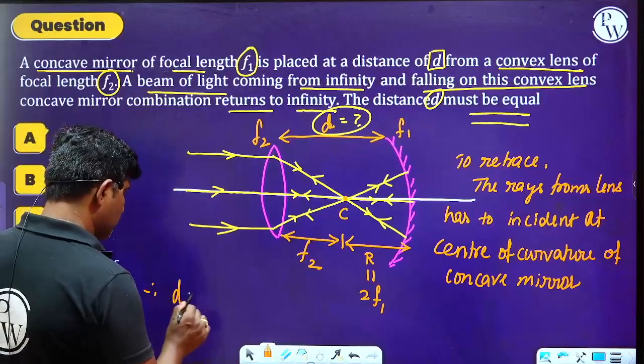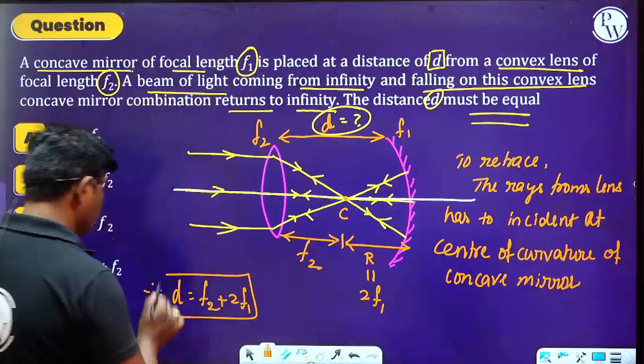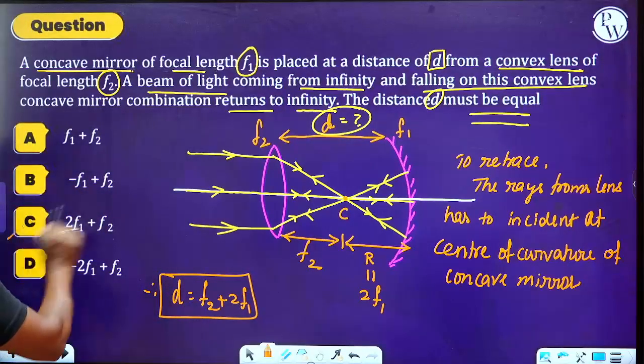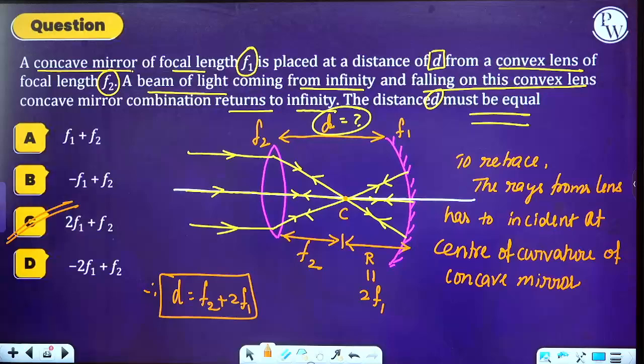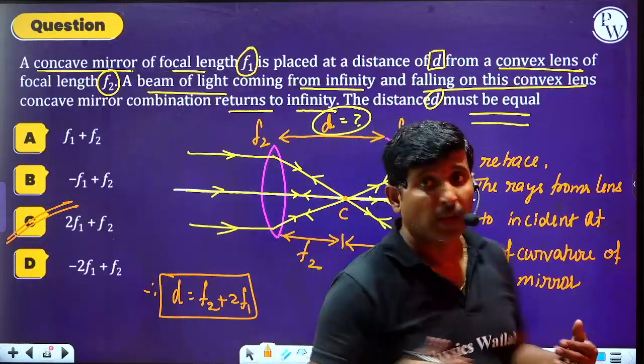Therefore, D becomes equal to F2 plus 2F1. Hence we can select option C as the right answer. I hope it is clear to you. Please check it, then definitely you will get 2F1 plus F2, because they are asking about the distance.